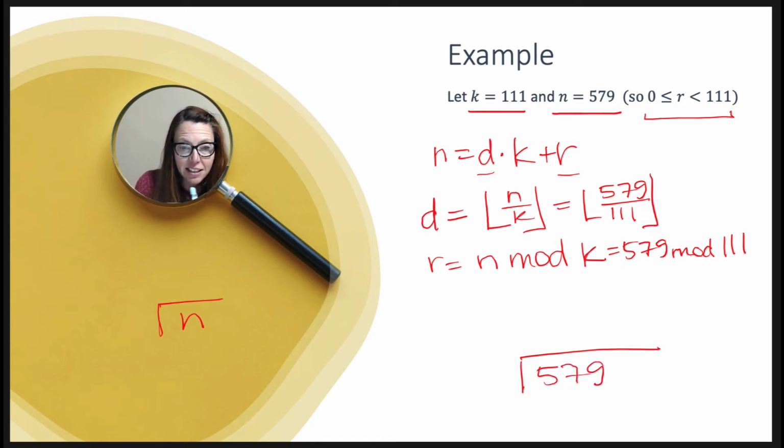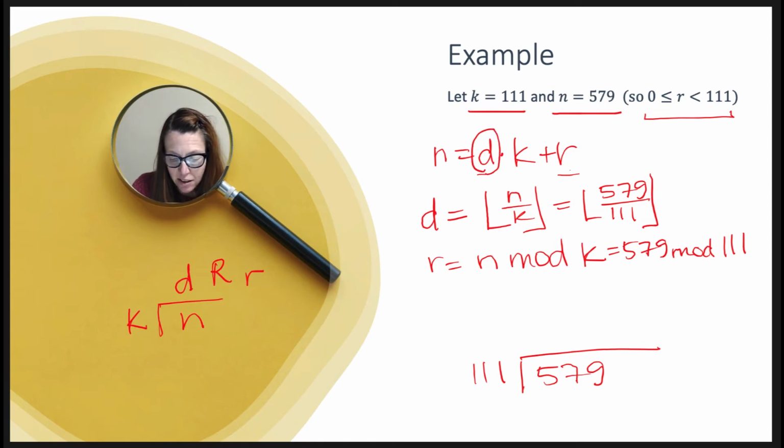And the divisor is k, our 111. And when we divide n by k, what we get is the quotient, d, and then some remainder, r. And that is what is used in this equation. So that is why it's unique.